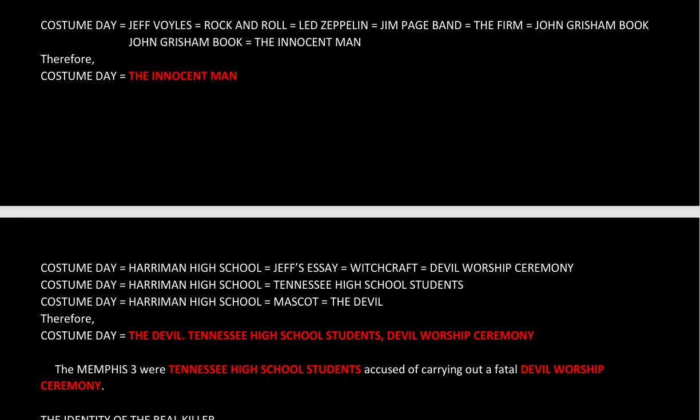Jimmy Page also had a band called The Firm, which connects to the John Grisham book, which in turn connects to The Innocent Man. So through Jeff Boyles, we get The Innocent Man, and through the two costume days, 10th and 11th grade, the two characters I dressed as, we get Damien Eccles. So Jeff Boyles as Gene Simmons and Damien Scott becomes in The Innocent Man, Damien Eccles.